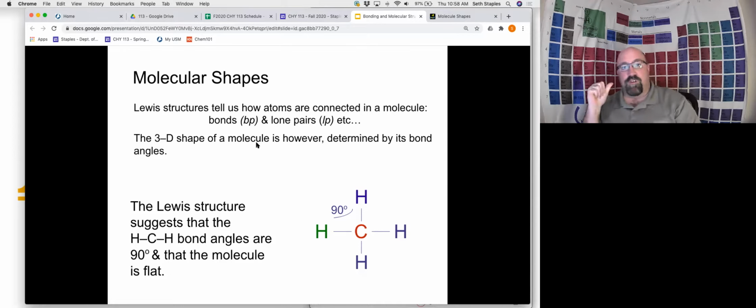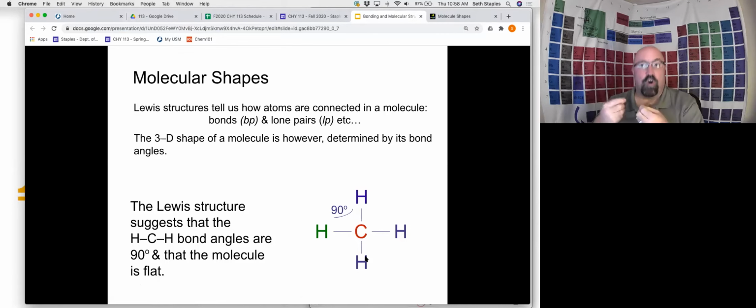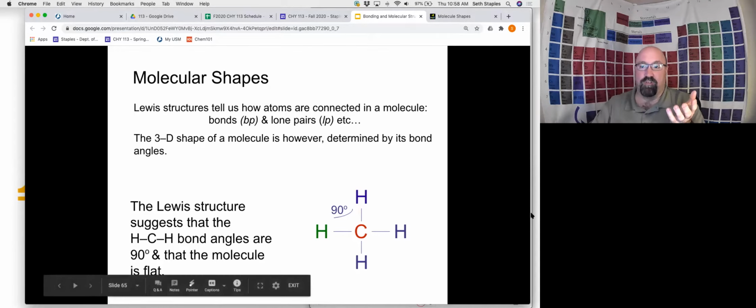And so let's start talking about shapes. Lewis structures give us a really good indication for how atoms are actually connected. We can see in the case here, for instance, of methane, we have a central carbon atom with 4 hydrogens surrounding it. And that tells us how everything is actually hooked up. Likewise in our other Lewis structures.